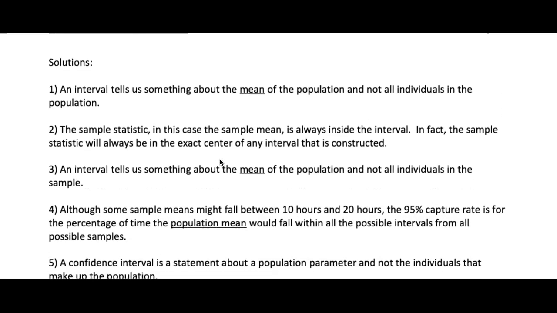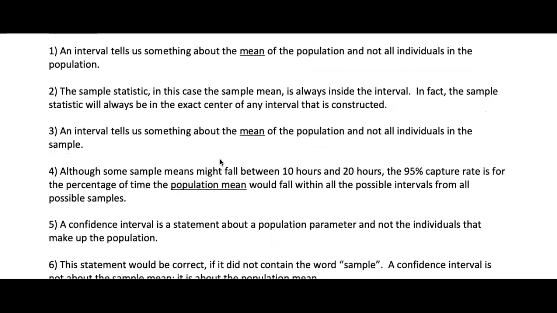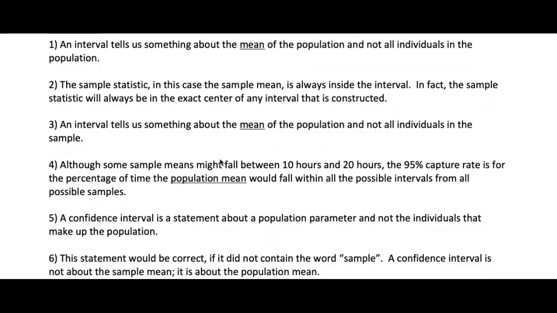So here are the solutions to those 6 statements. I would encourage you to look at the document that I have sent along with this video and take a look at each of those statements that were incorrect and these rationales for why they're incorrect.